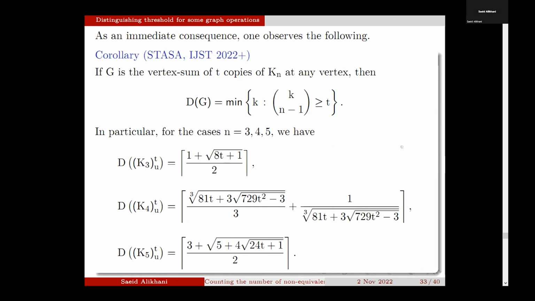As an immediate consequence of the previous theorem, one observes the following corollary.